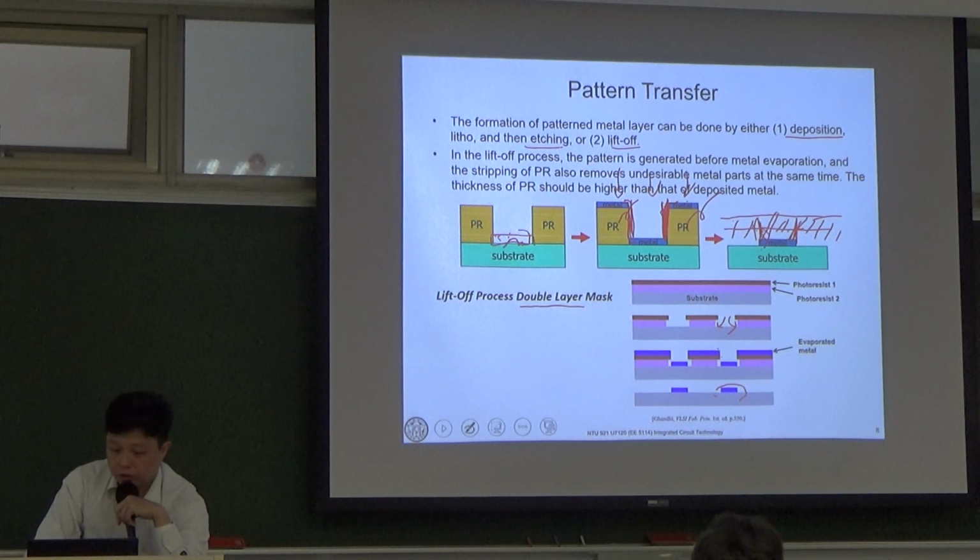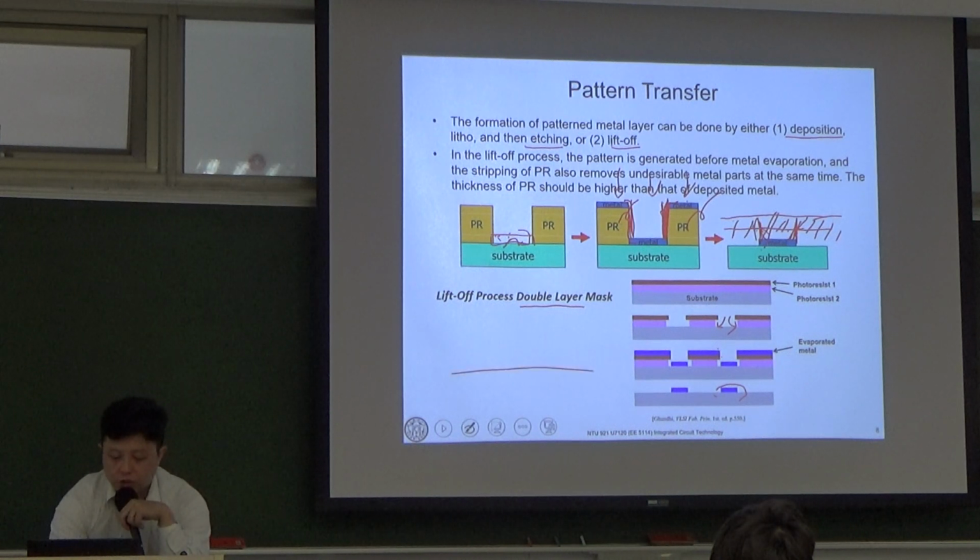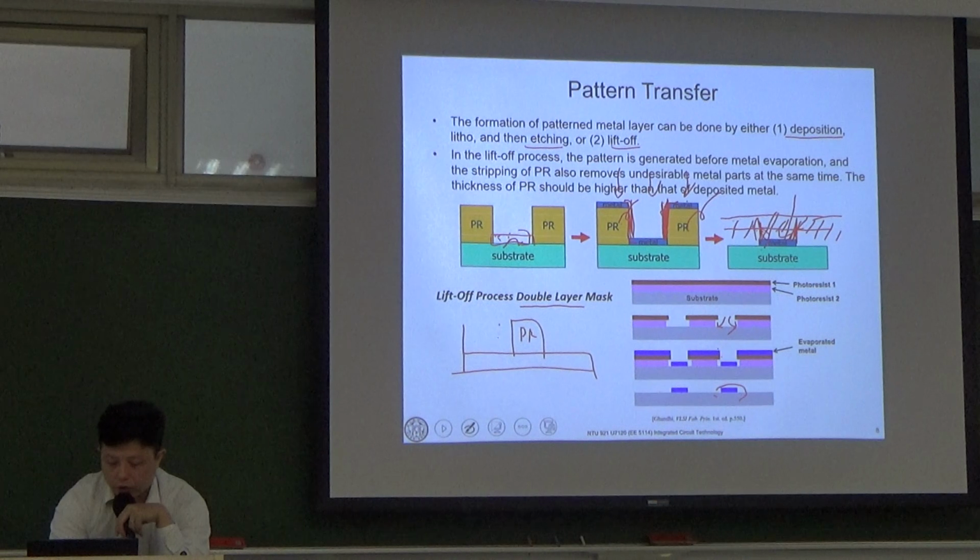But in our silicon IC fabrication, we seldom use the lift-off process. If we want a metal, we can just deposit the metal, and, for example, in this case, if we want metal to remain in this region, we can use photoresist here, etch away the metal that we don't want, and then remove the photoresist.